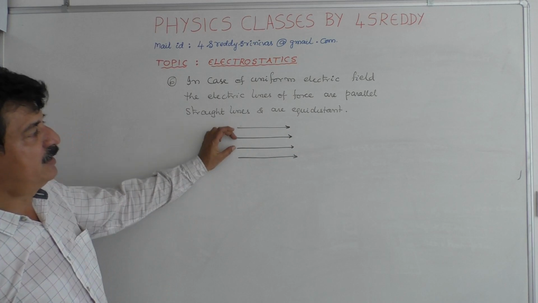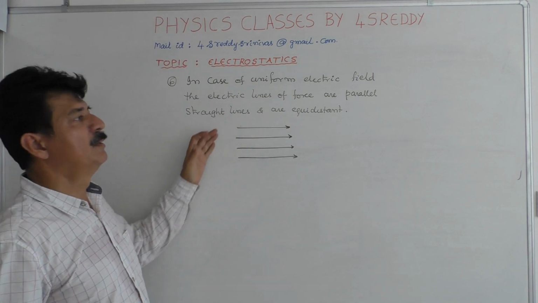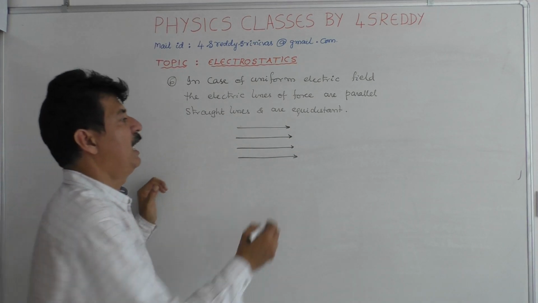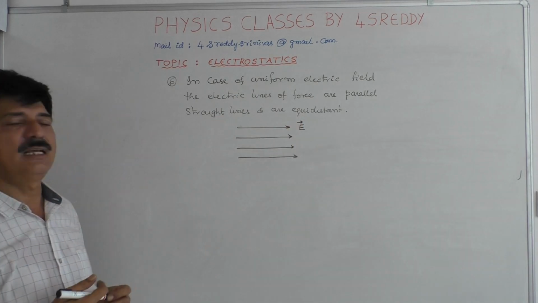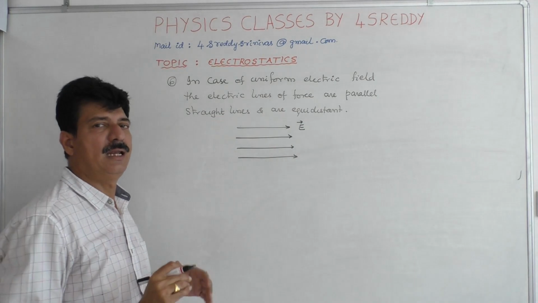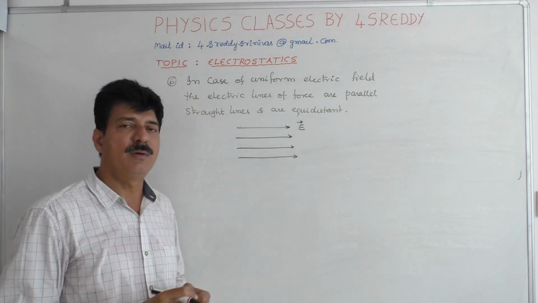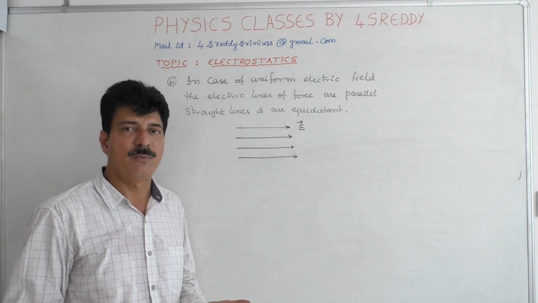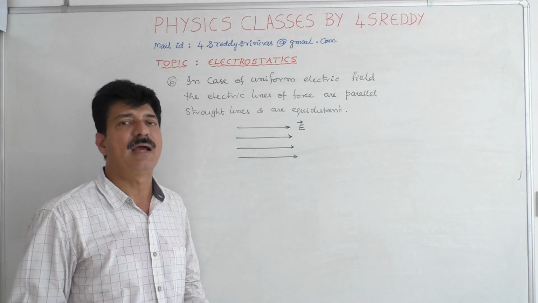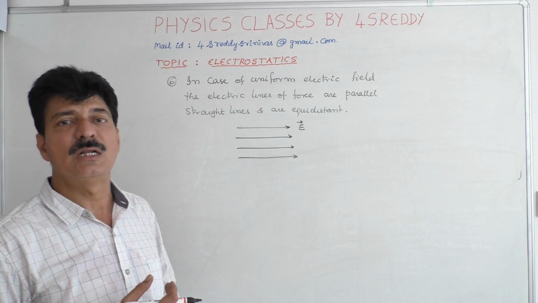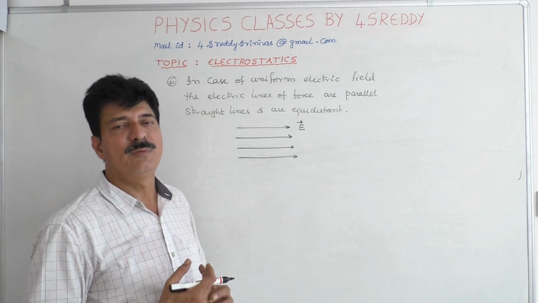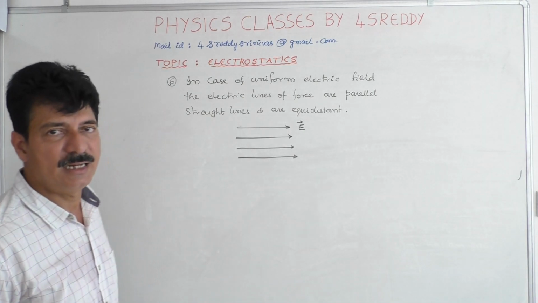If the spacing between the lines of force is the same, then the magnitude of the field is the same and the direction at every point is the same. Non-uniform electric field means the electric field at a point is different either in magnitude or in direction or both, then it is said to be a non-uniform electric field.